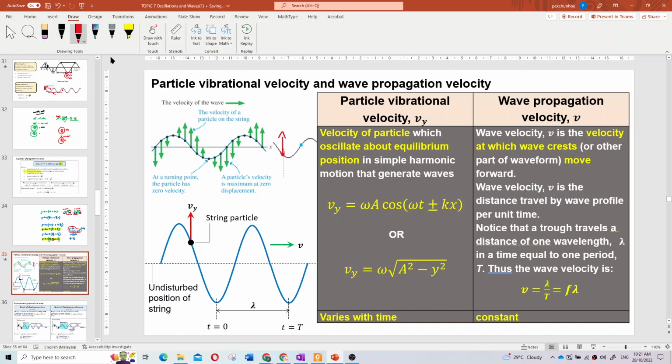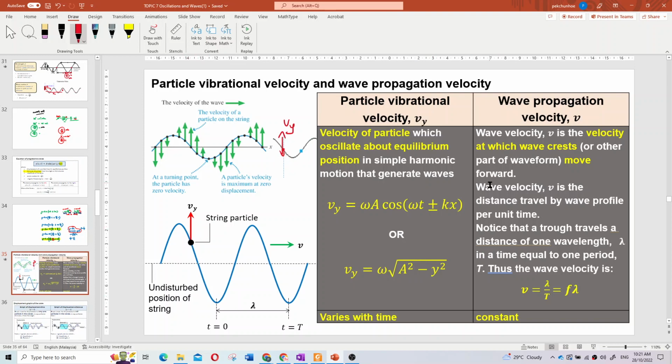This is the particle vibrational velocity, Vy, the velocity of a particle in which it oscillates about the equilibrium position in simple harmonic motion that generates the wave.